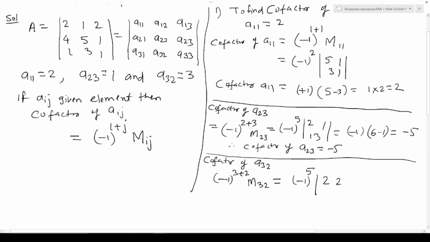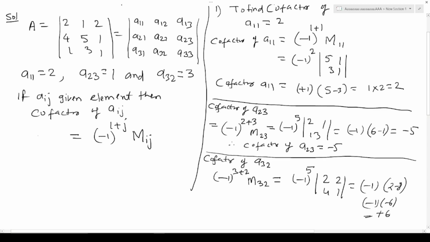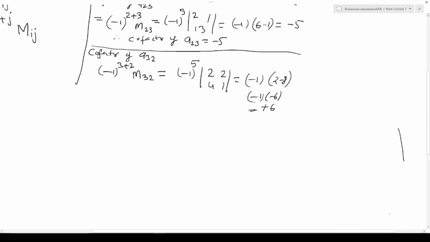Determinant of [[2,2],[4,1]] equals minus 1 into 2 minus 8, minus 1 into minus 6, equal to plus 6. This is the way we got the cofactor of A32.